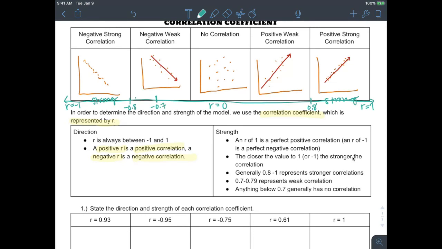This is weak, and from -0.7 to -0.8 is weak, and in the middle is no correlation. And I wrote up some notes right here. So from 0.8 to 1 is strong correlation, from 0.7 to 0.79 is a weak correlation, and anything below that is going to be no correlation.